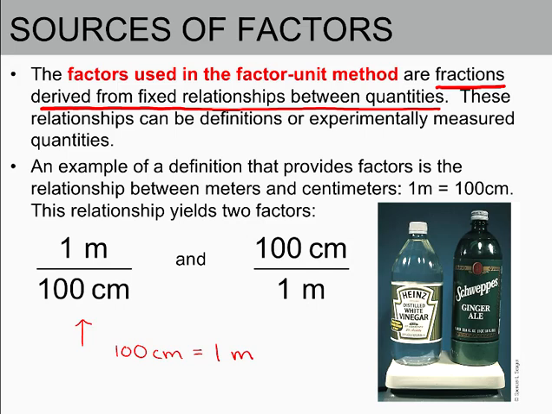And you can see that we're writing this in two different ways. So we're writing them as a fraction. So in the first fraction, meters is in the numerator, and then centimeters is in the denominator. And then in the second fraction, we put centimeters in the numerator, and we put meters in the denominator. So we can write this equality on the bottom as a fraction, and we can put either unit in the numerator. It really just depends on which unit we want to end up with.